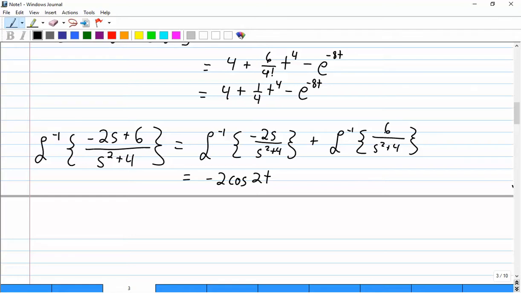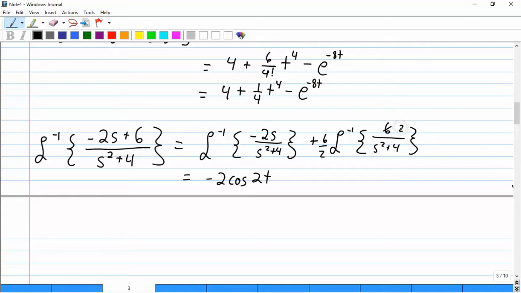And then this next one is going to be sine. We have a 6 in the numerator, and what do we need in the numerator? A 2. So you can put a 2 up there. That's fine. You would bring the 6 out and then bring a 1/2 out as well. So you'd have 6 divided by 2, and that would give you a 3. Why would we bring that 1/2 out?